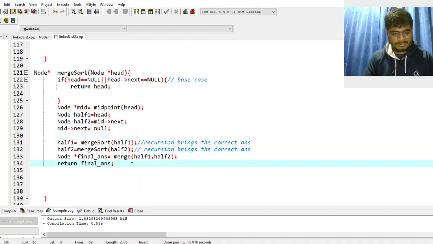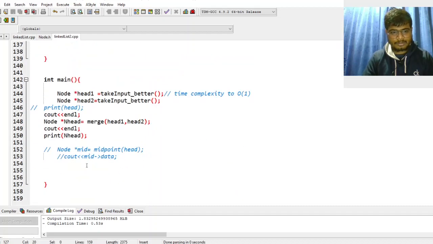Now let's check whether our function is working fine. Let's just run it. I'll call merge sort. This was actually our merge function. We know how it gets merged, so right now I'll not merge it.